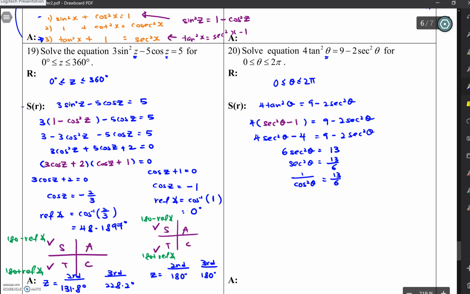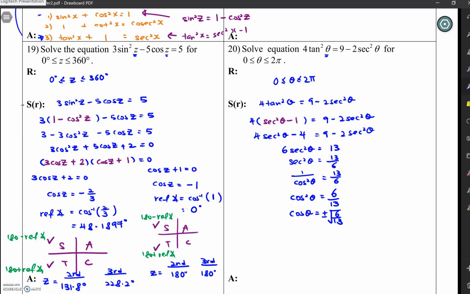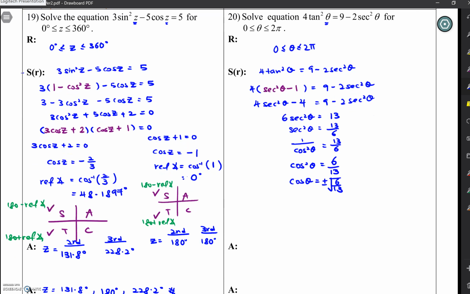Using the same method, I can convert cosine square theta. I'll flip the fraction to this. And finally, I'm at cosine theta equals to 6 over 13. Hopefully you can see what is missing: my plus minus sign. And this way, you'll be able to find your reference angle.